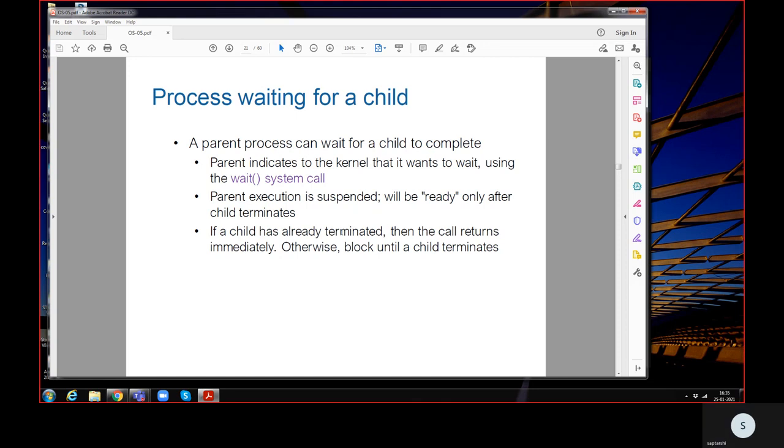So what does the OS find? That the child has already terminated. Then the parent will not be made to wait. Rather, this call to wait returns immediately. Otherwise, if that child has not terminated yet, this wait call will block the parent process until a child terminates.